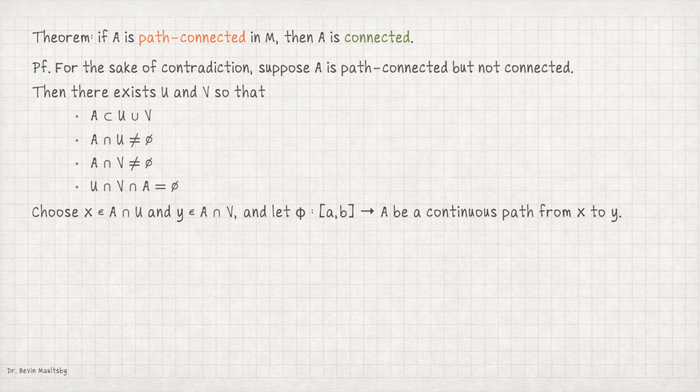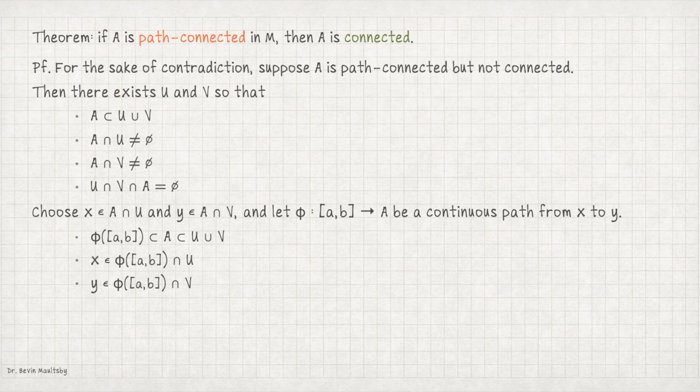In particular, choose X to be in A intersect U and Y to be in A intersect V. If we're assuming that A is path connected, then there's a continuous map phi from, say, [a, b] to A, which takes us from X to Y. But the image of phi is a subset of A. So in particular, the image of phi must be covered by U and V. But I know that X is covered by U and Y is covered by V, which tells me that the image of phi intersect U is non-empty and also the image of phi intersect V is non-empty.